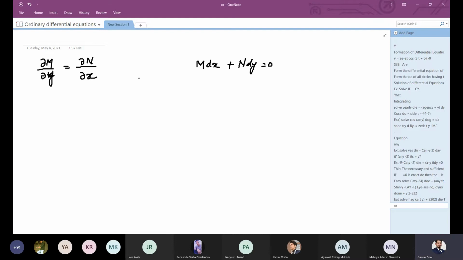If this condition holds, then we say that this differential equation is exact. The basic definition for a differential equation being exact is that the given differential equation is the derivative of something.